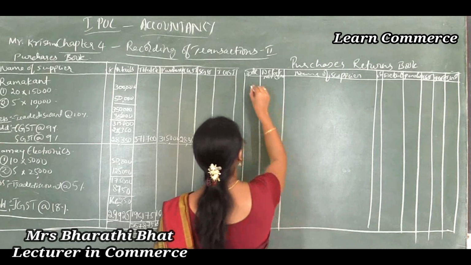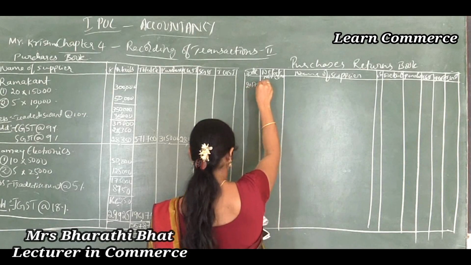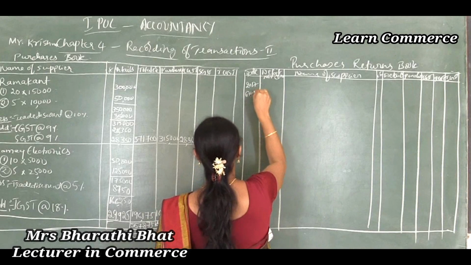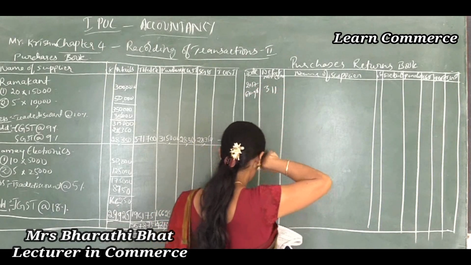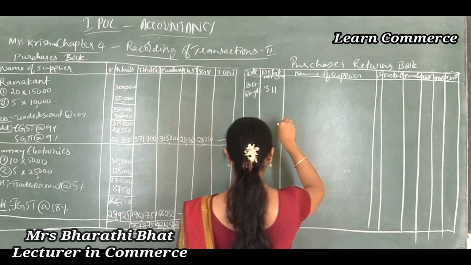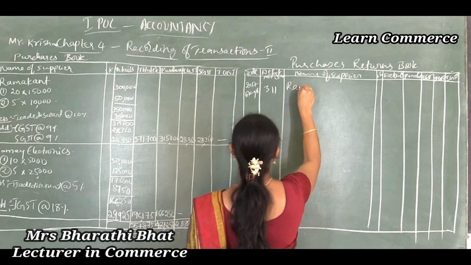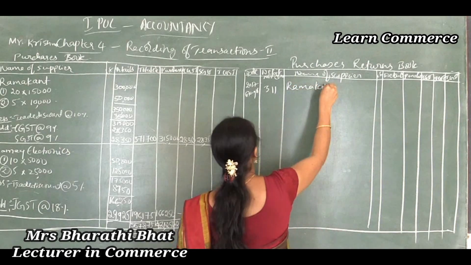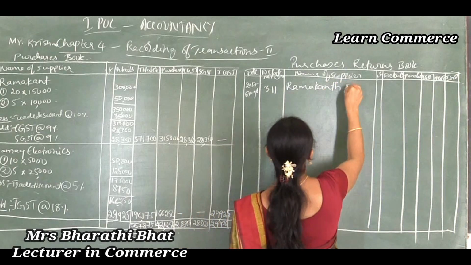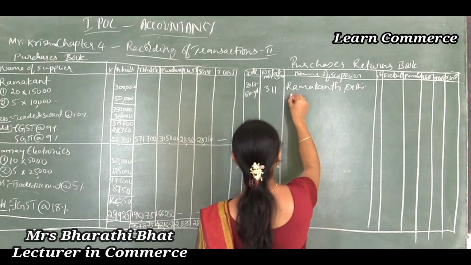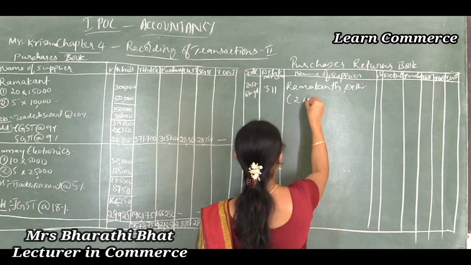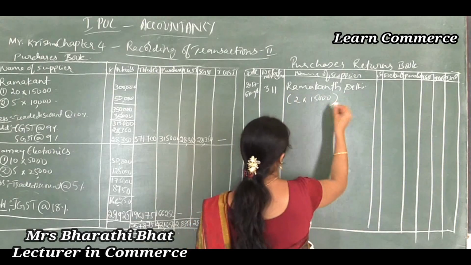Okay. So only one item returned to Ramakant. Just write 2017 on August 5, invoice number 311, debit note number 311, Ramakant, Delhi. Okay. So 2 TV sets, right? 2 into 15,000.